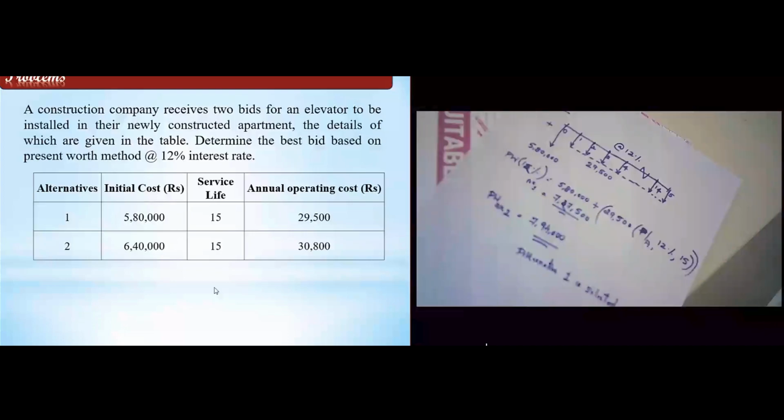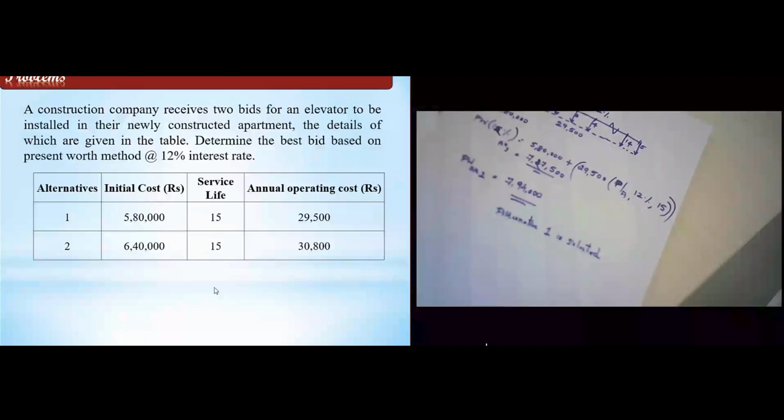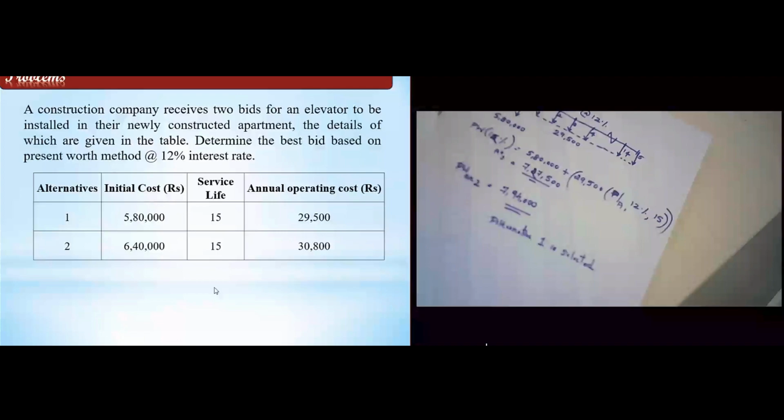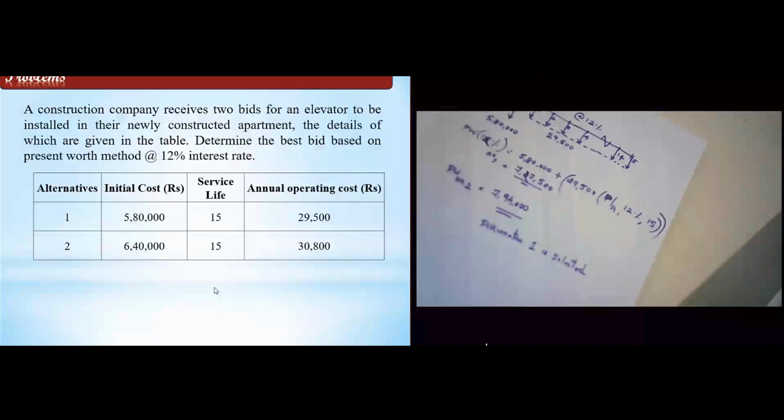Probably you might be getting 7,27,500 and 7,94,000 for alternative 1 and 2. Depending upon the present worth, the alternative with minimum present worth value would be selected. So here we have selected alternative 1 because it is having less present worth.